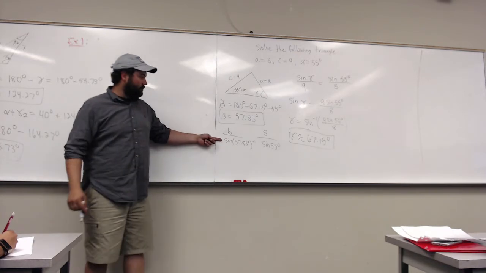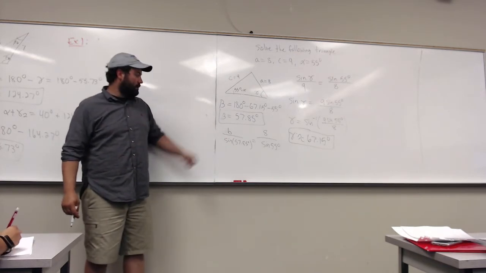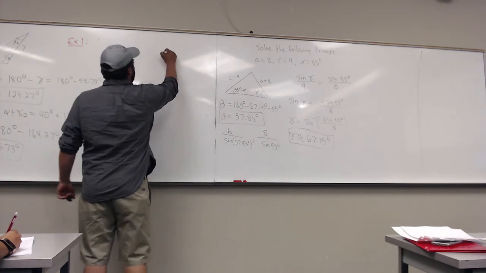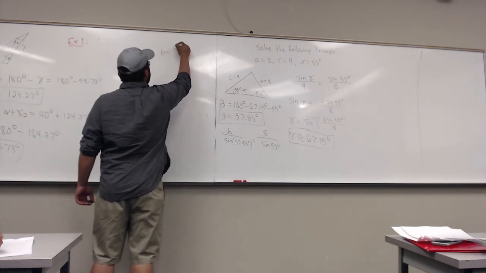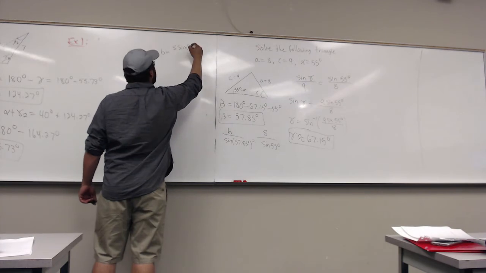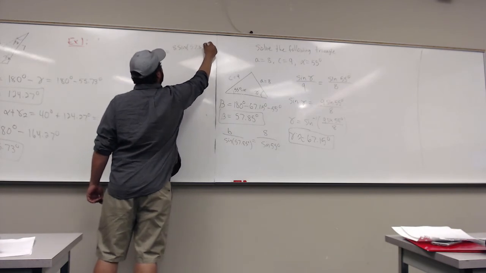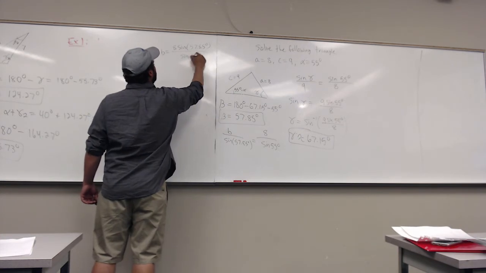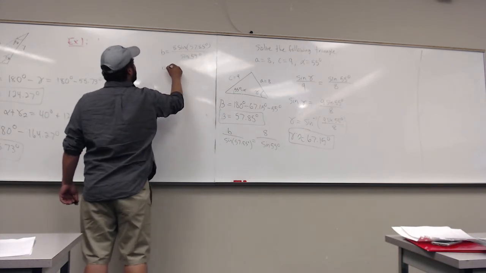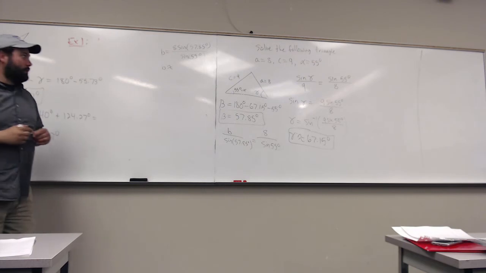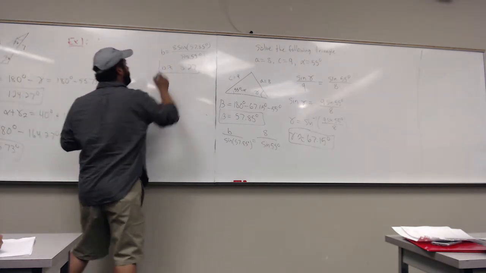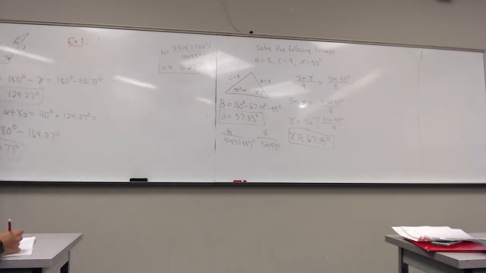This way you just have to multiply both sides by sine of the 57.85. You get 8.27. So there's the two angles and the third side for the first one.